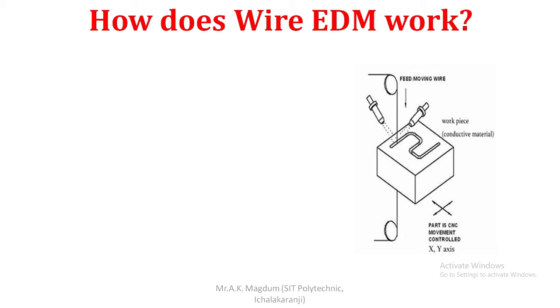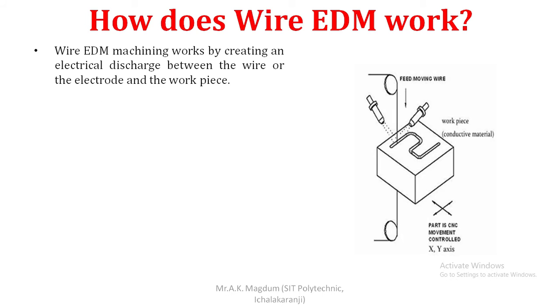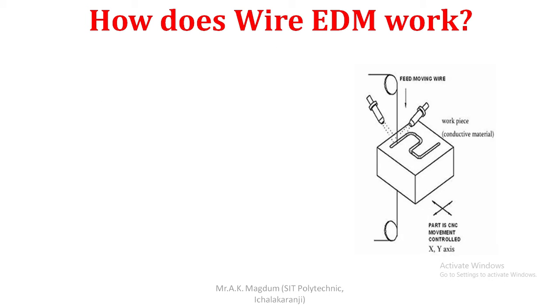Next, how does wire EDM work? The image clearly shows the feed moving wire. Here an upper spool is there, and here a bottom spool is there. These spools continuously deliver the wire to the machining process.